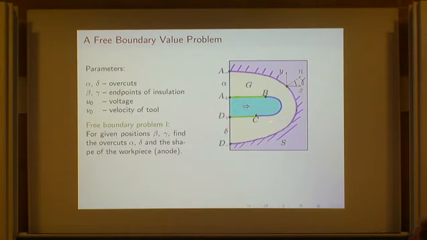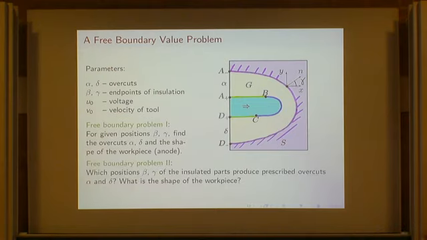So in the first problem, we have given positions of these points B and C, and we are interested in the width of the gap, far away from this. Some call this the overcut. And the second, I think, which would be more interesting if it would be a real problem, if these overcuts are given, this is what we want to have, how do we position these ends of the isolated part?